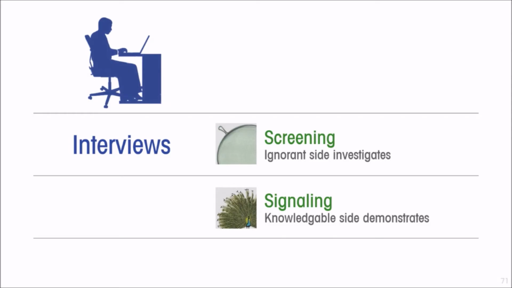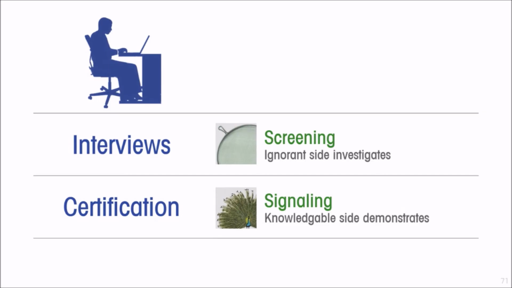Meanwhile, the knowledgeable side wants to signal. And so the knowledgeable side gets certification. They go to universities to demonstrate that they're able to apply themselves, that they're able to learn, and that they're able to achieve long-term goals.